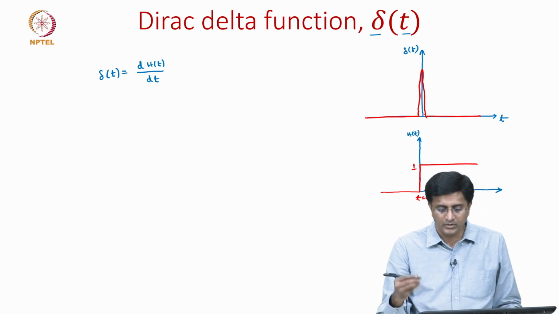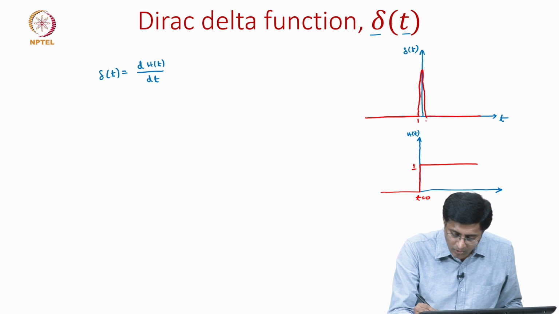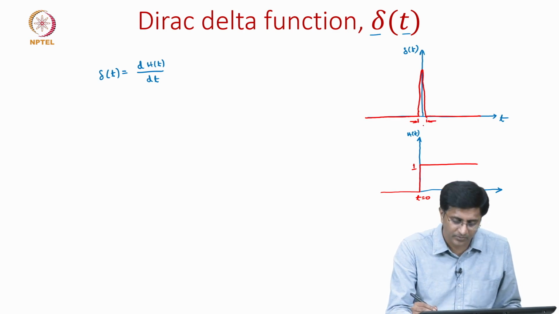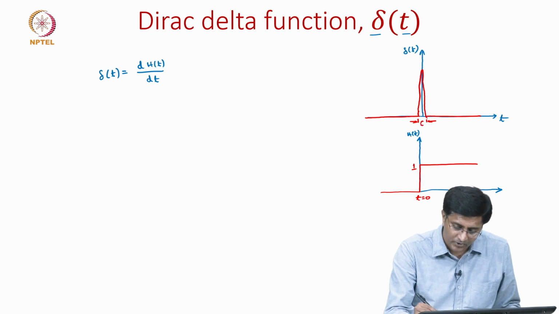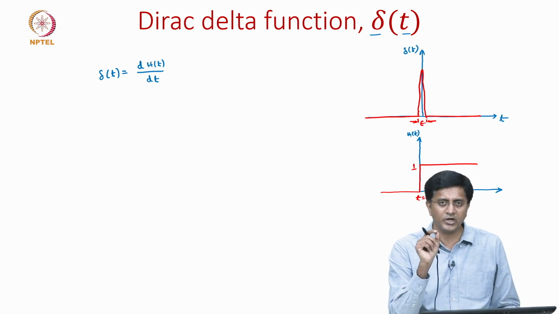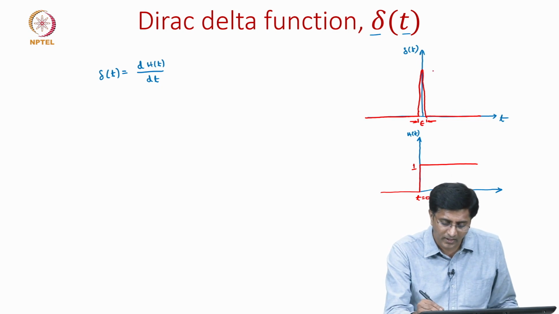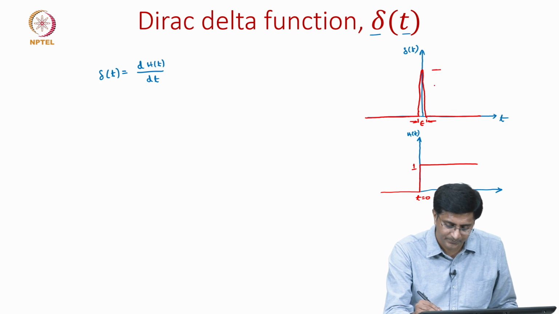Let us say this small window is defined by some epsilon. Epsilon is a very small, infinitesimal value, then the height or the amplitude of this will be 1 by epsilon.